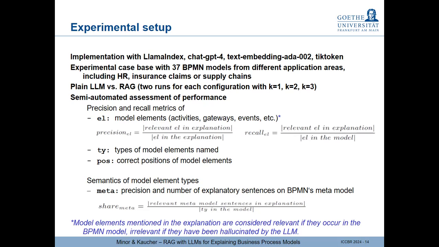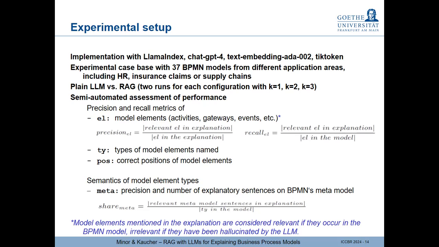We have also specified recall and precision metrics for the meta explanations. That means for the types of model elements, how many of them occur, and also for the order of the model elements, called pos. That means whether the model elements in the explanatory text have the same order as in the process model.